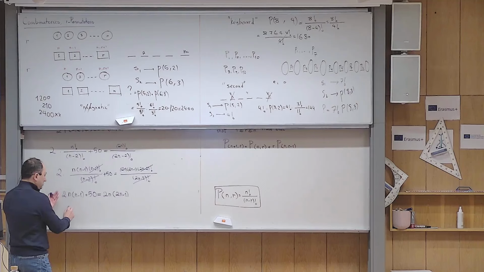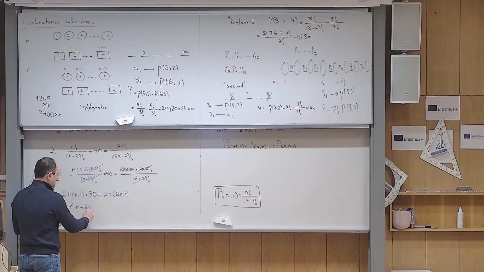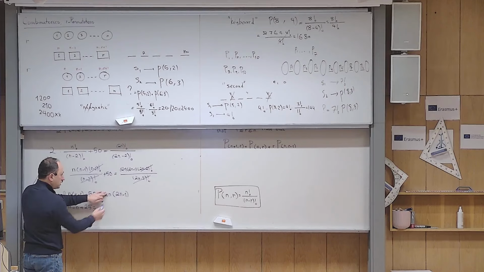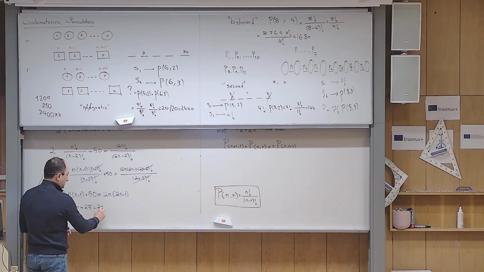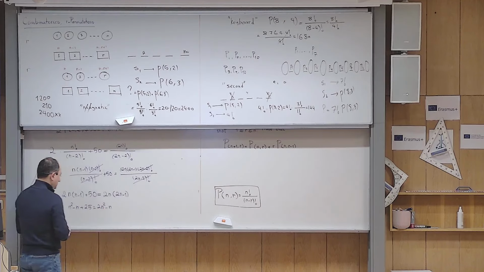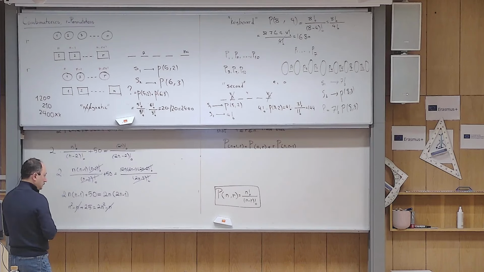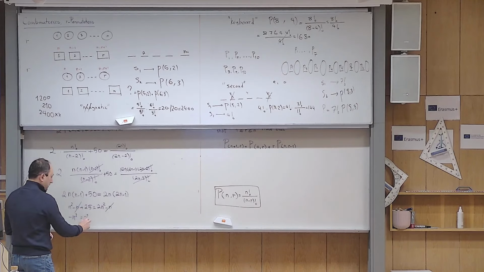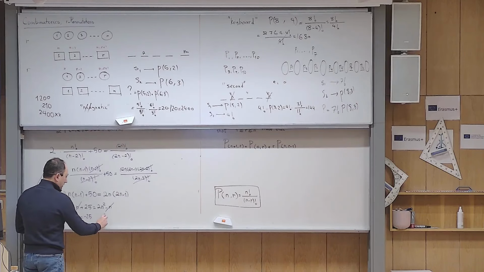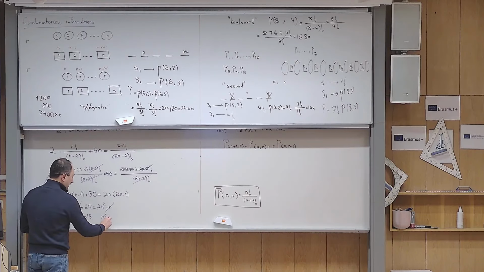It becomes n squared minus n plus 25, since when I divide, the 2 is gone. I multiply n in on the right, so then minus n and minus n are gone. This means that minus n squared, I move to the other side, and this becomes minus 25. So this means n squared is 25.